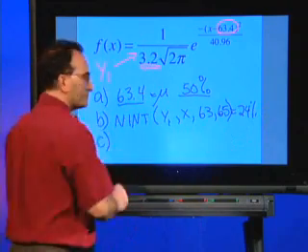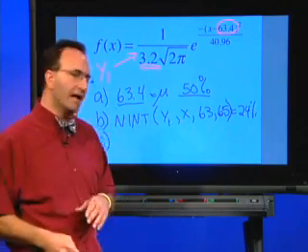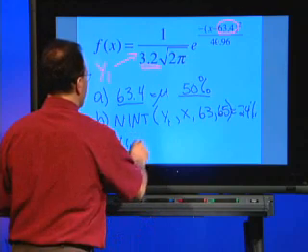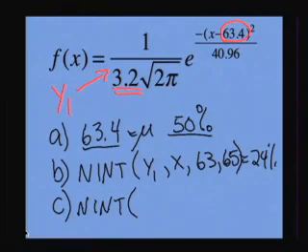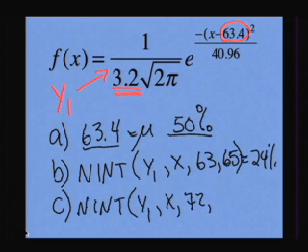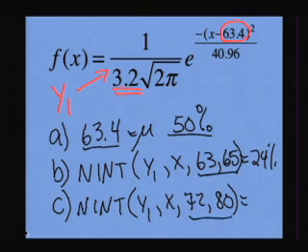Part C, we'll use nInt again, so that it would be nInt of Y1, comma, x, and this time we are going from 72 inches up to 80 inches. And of course, you'd expect that with a larger interval than what we had before, we should expect a larger percent, and in fact, we get 36%.